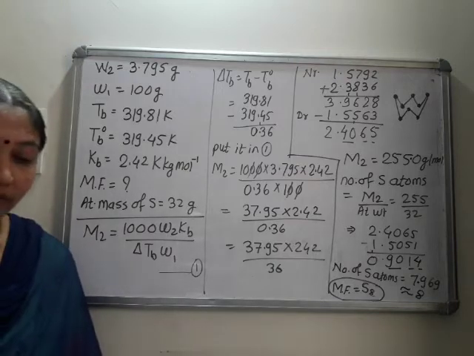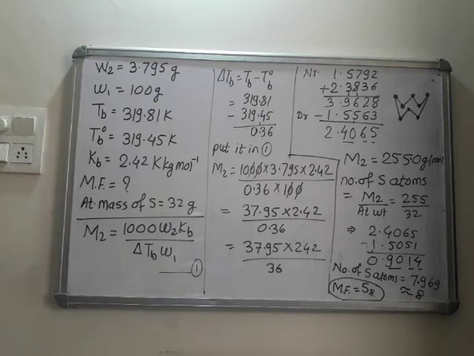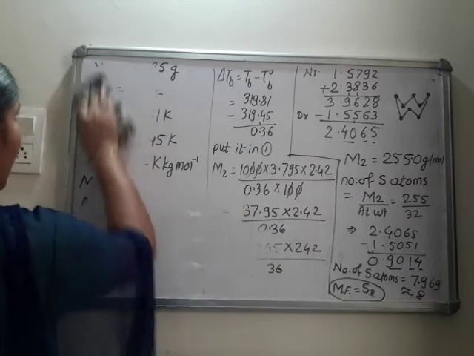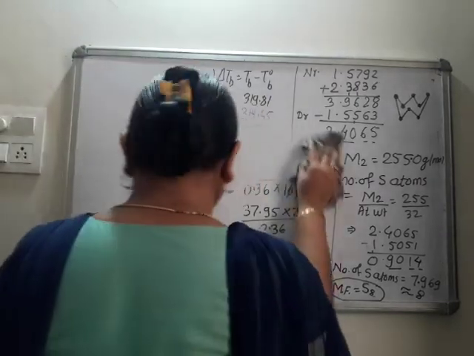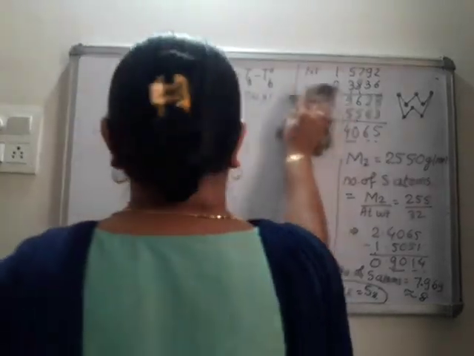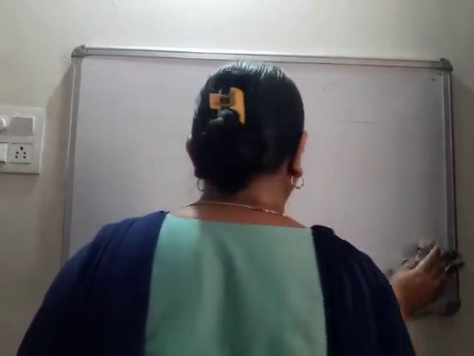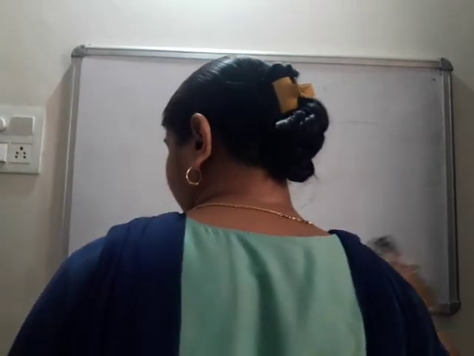Next question. Find boiling point of solution containing 0.36 gram of glucose in 0.1 kg of water.